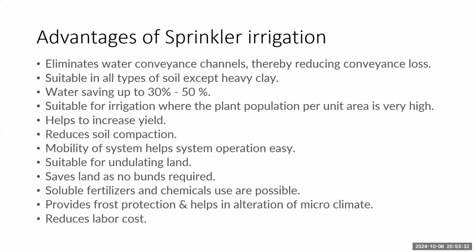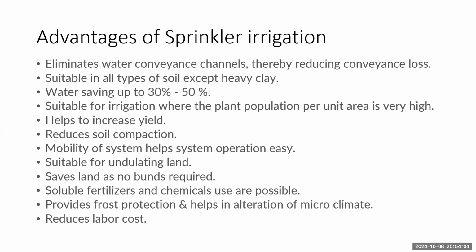This sprinkler irrigation is suitable for almost all types of soil, except heavy clay. In heavy clay, the permeability is less, and that's why it is not suitable. It is observed that there is a water saving of up to 30% to 50%, and it is suitable for irrigation where plant population per unit area is very high. What is the meaning of this?